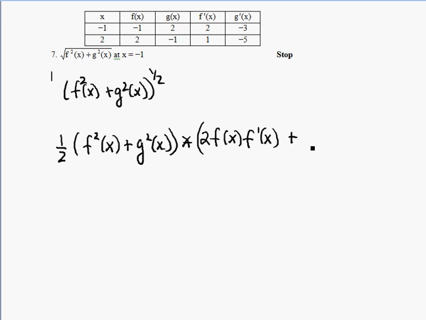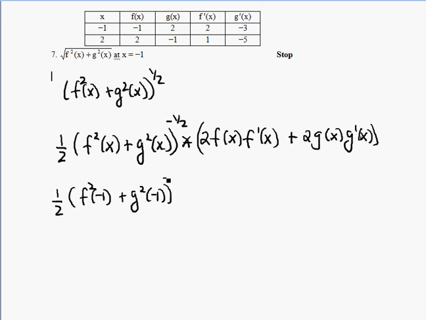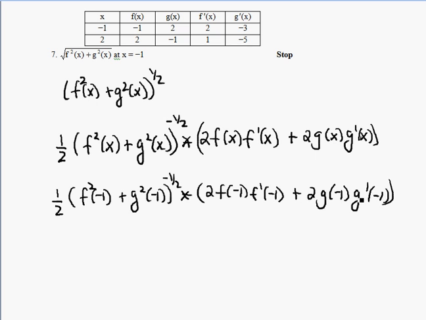Derivative of this one is the same thing. 2 times g of x, g prime of x. And I forgot the negative 1/2 here. So we rewrite it as f of negative 1 squared plus g of negative 1 squared, to the negative 1/2, times 2 f of negative 1 f prime of negative 1 plus 2 times g of negative 1 g prime of negative 1.